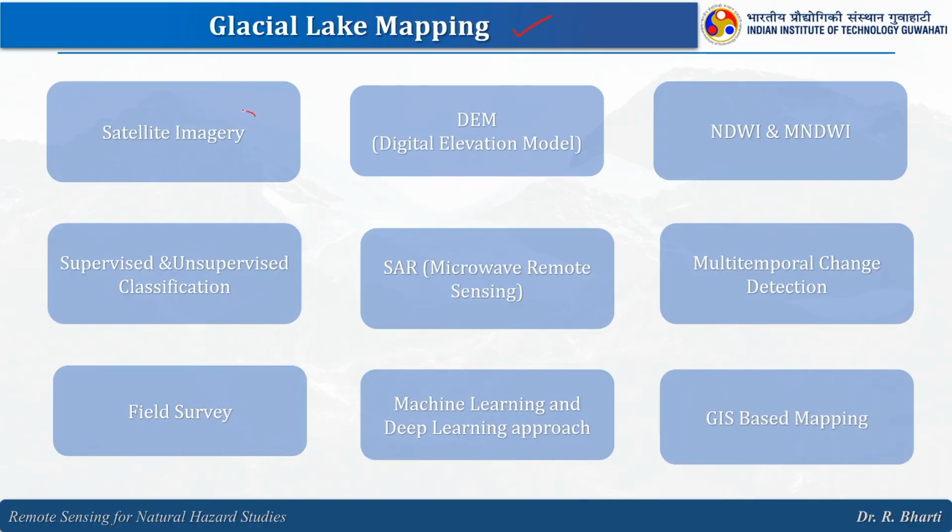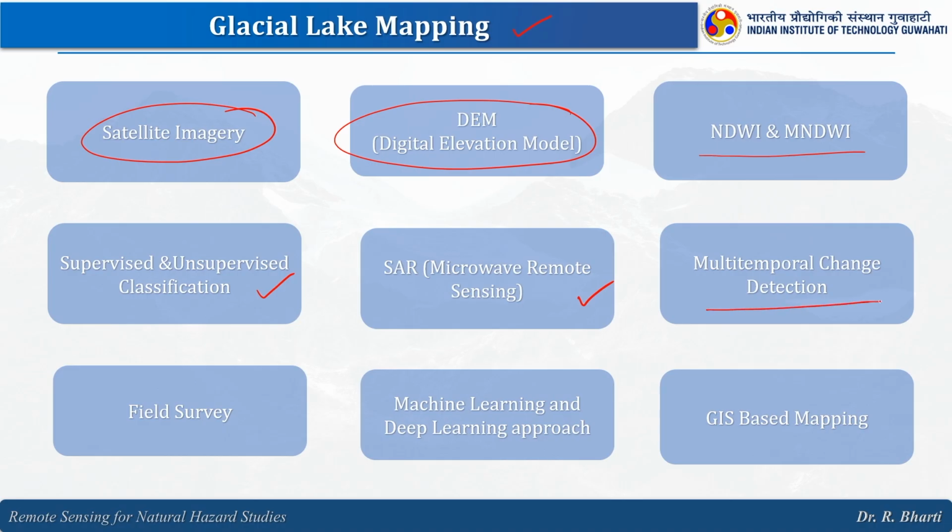So, we have satellite imagery, that is one of the sources. Then we can also use digital elevation models, different indices, and classification techniques. Microwave remote sensing data can be used, because optical has some limitations at high altitude where the cloud coverage is more consistent.